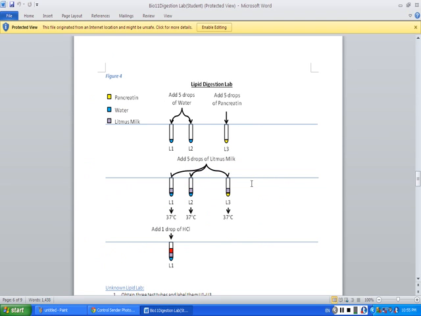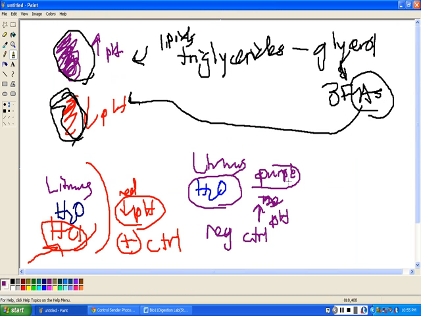Okay, in our final experimental test tube here, we're adding pancreatin with litmus milk. So we add pancreatin, which by the way has all kinds of enzymes.